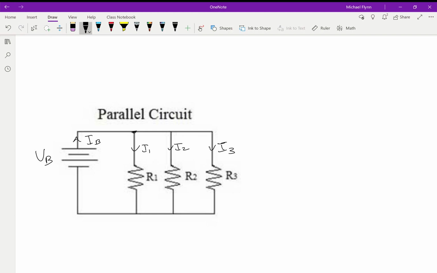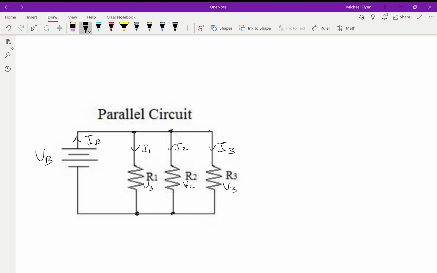Okay, these are all junctions. And we'll call this V1, V2, and V3 over here. So that's how much voltage each one drops.